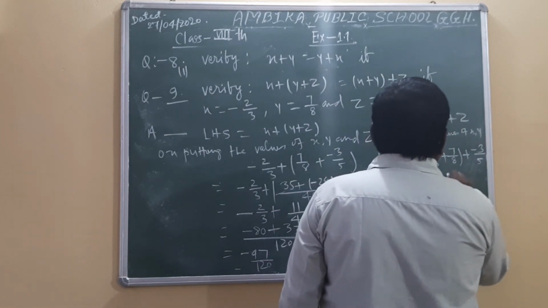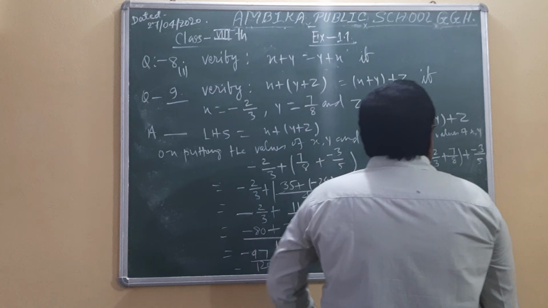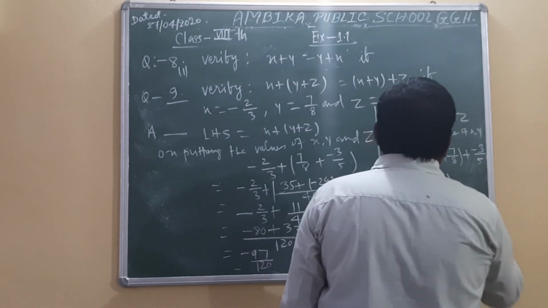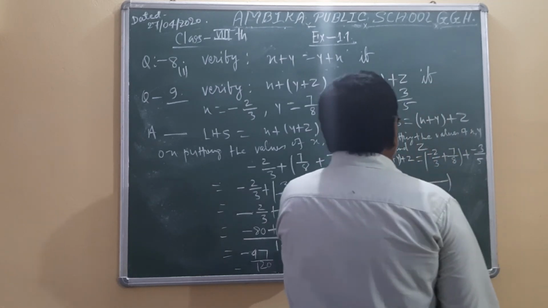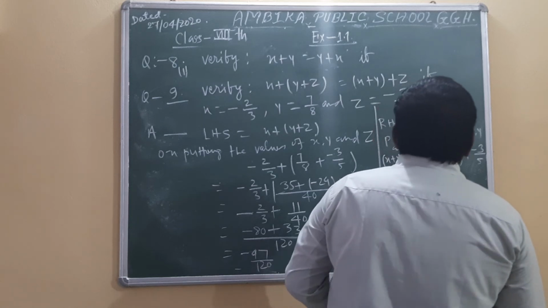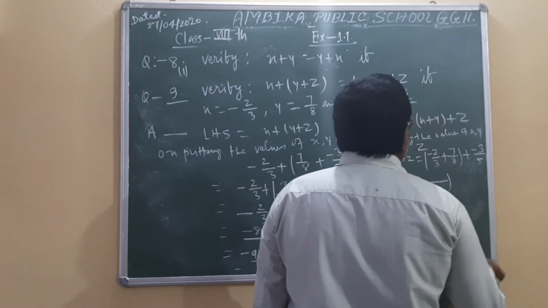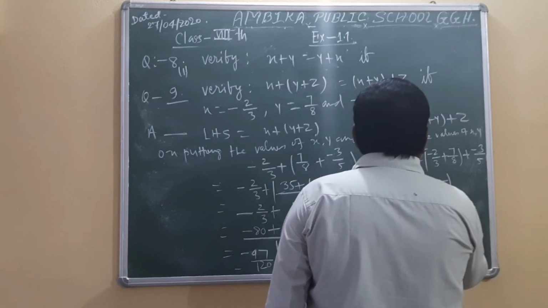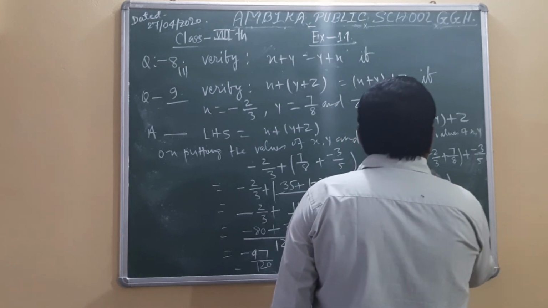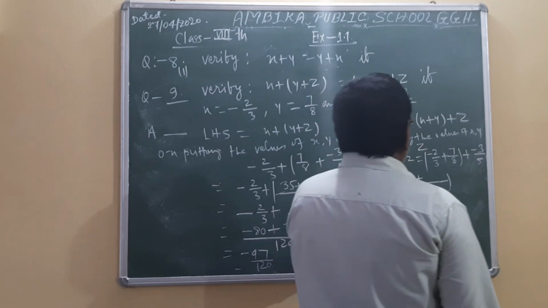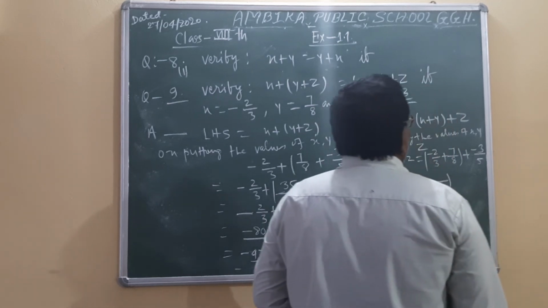LCM of 3 and 8 is equal to 24. On dividing 24 by 3, we get 8 as a quotient. So multiply minus 2 to 8. We get minus 16 plus, again divide 24 by 8.